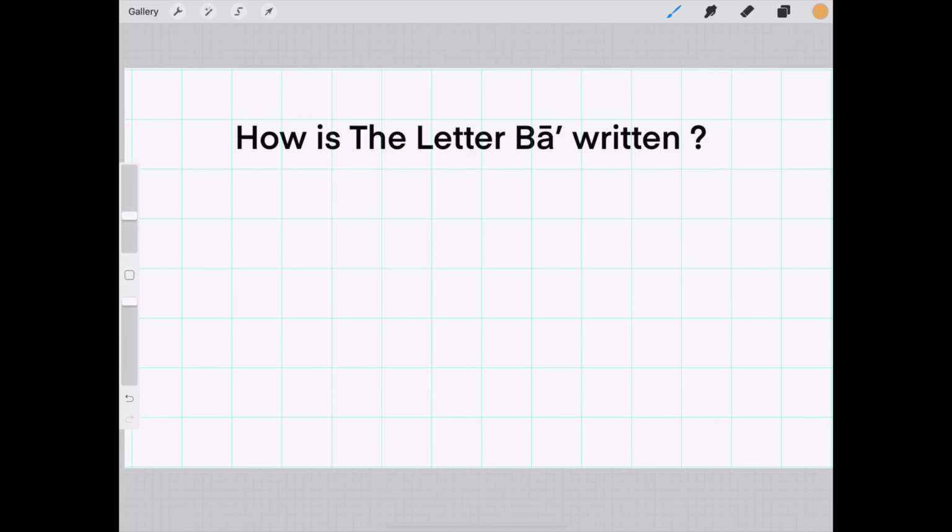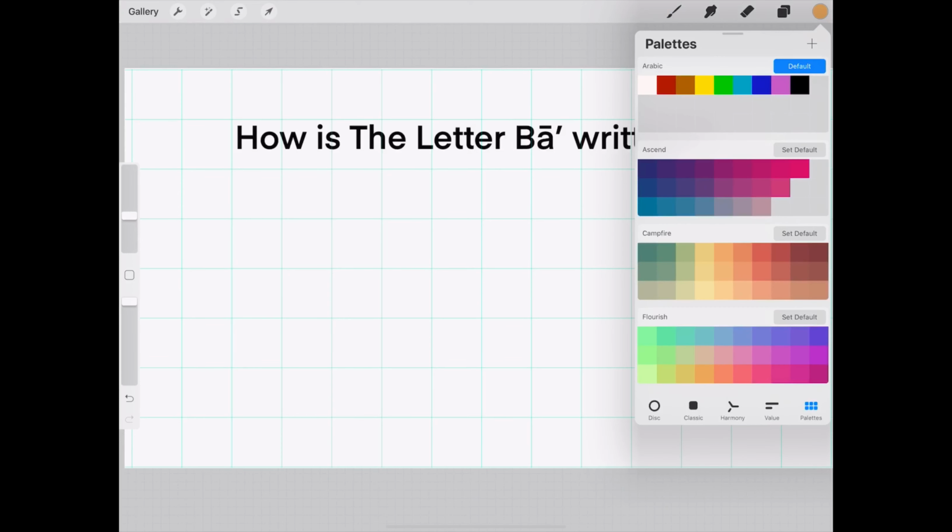For this to work properly, if you are using the Procreate app, make sure you choose the color of your preference. If you go to palettes, you can pick any of these colors, or choose from the previously made palette that we called Arabic in the introduction lesson. I'll choose the dark blue.